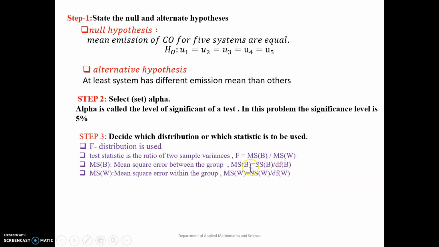So these two equations are used in order to compute the F test statistic. The F test statistic is computed by MSB over MSW, calculated using these two formulas. We will understand this more in the next slides.